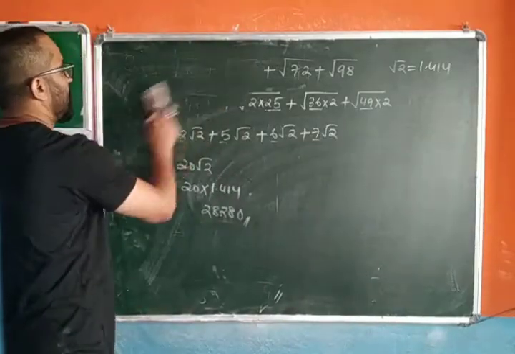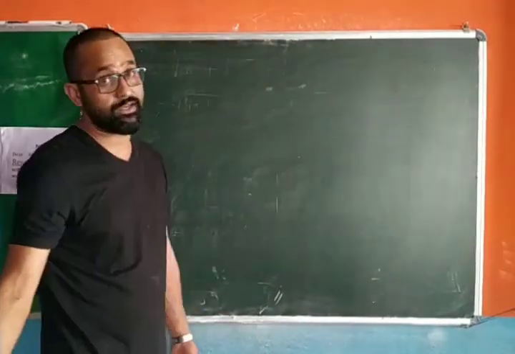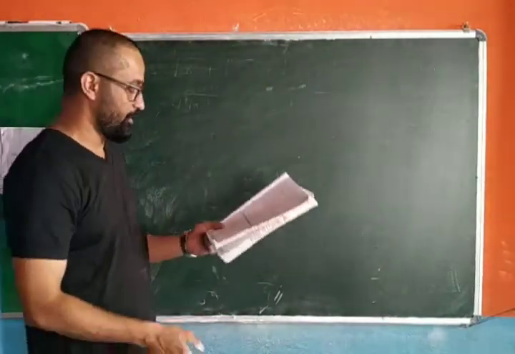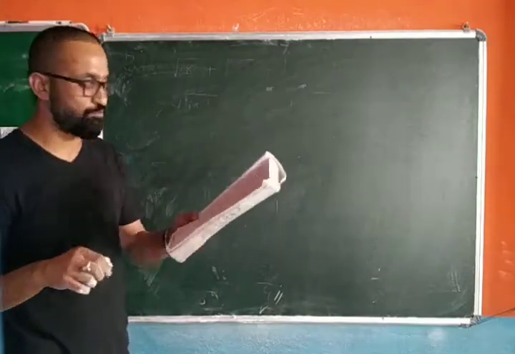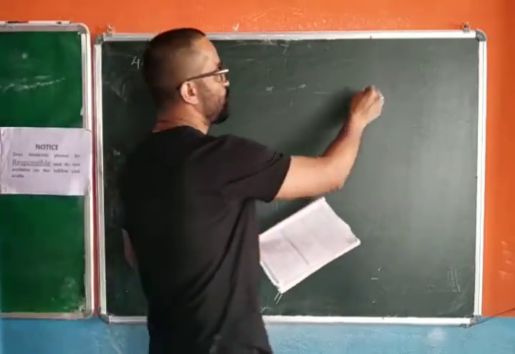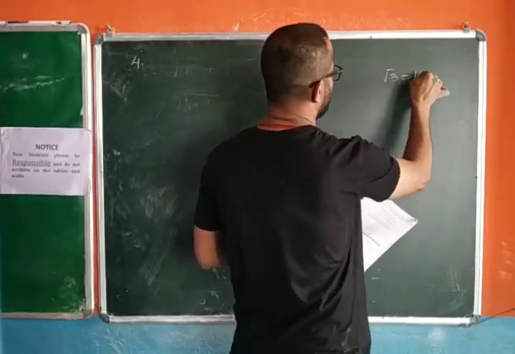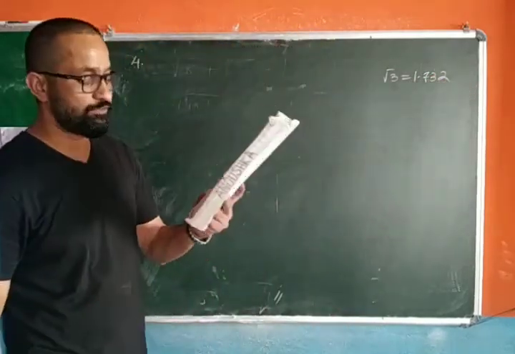32 can be written as 16 into 2, and 16 is a perfect square number, so it is 4. Look at the last question, number 4. You don't have to do other sums. The question says that root 3 is equal to 1.732. Find the value of the following.